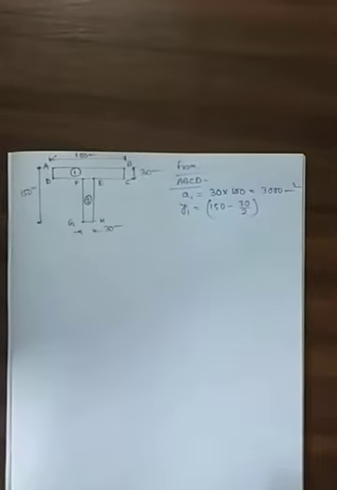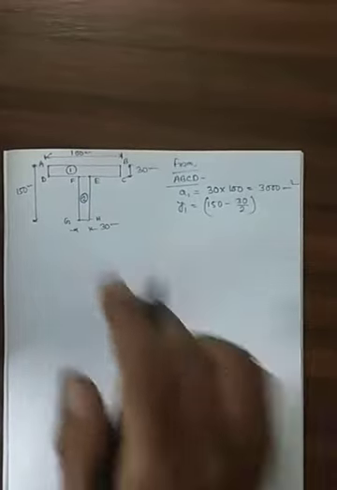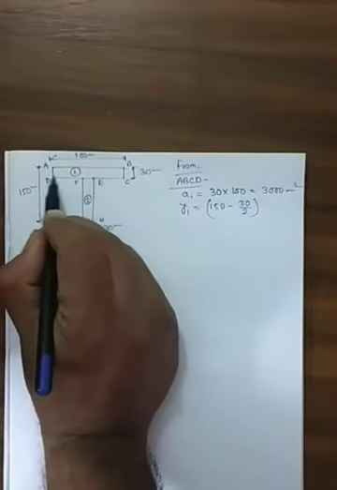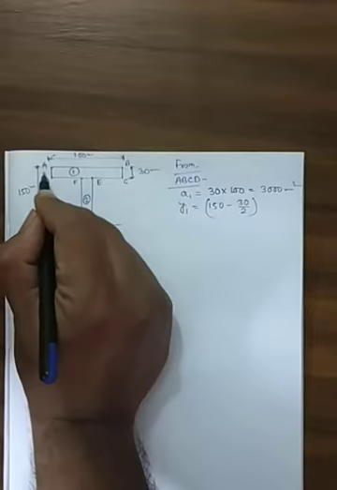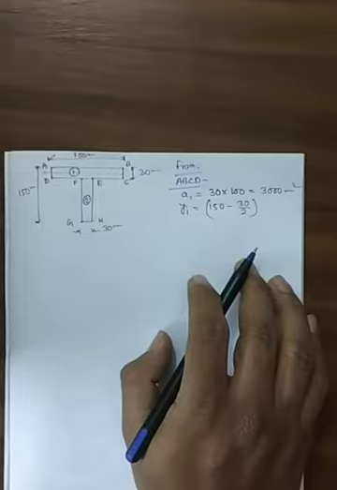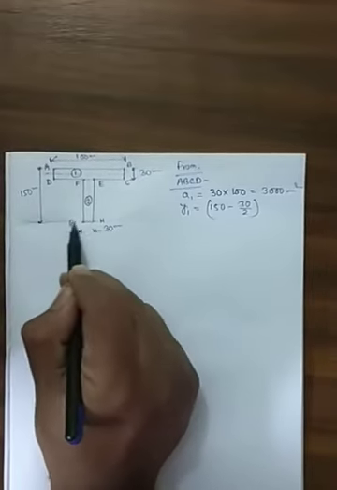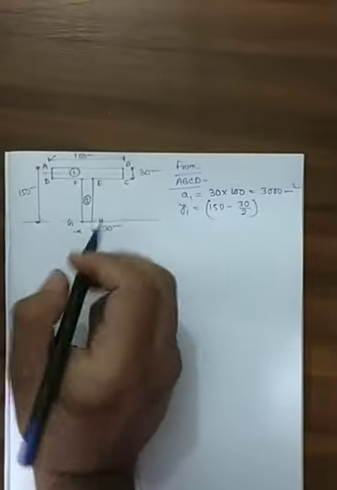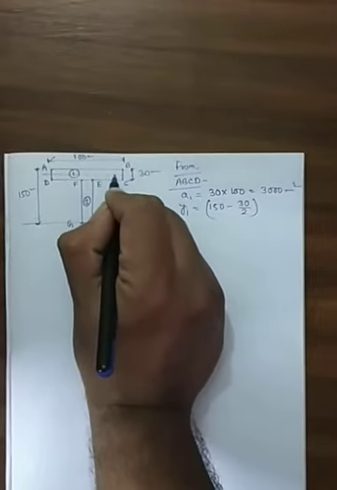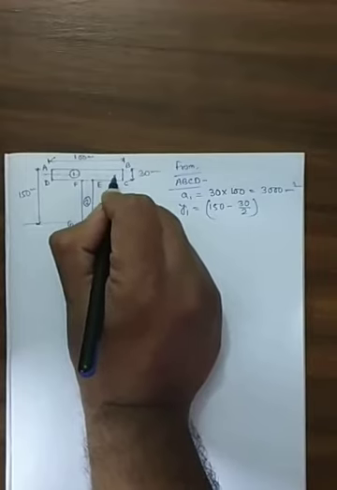Okay, y1 is nothing but from this figure. This figure has neutral axis in this point. So this is the axis of reference I am taking. So I have to find out the neutral axis distance of that figure to the axis of reference distance.